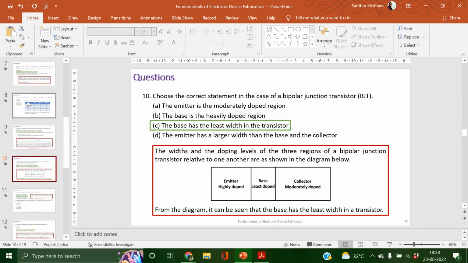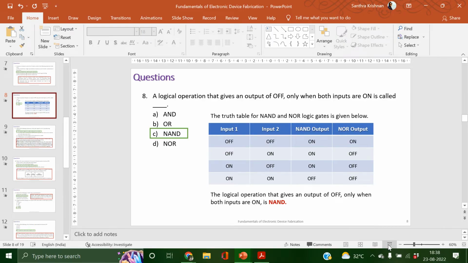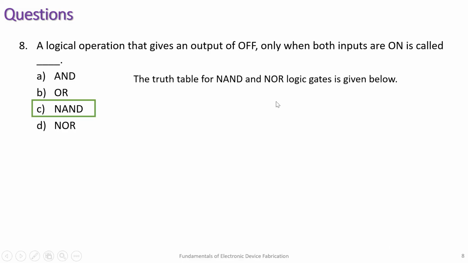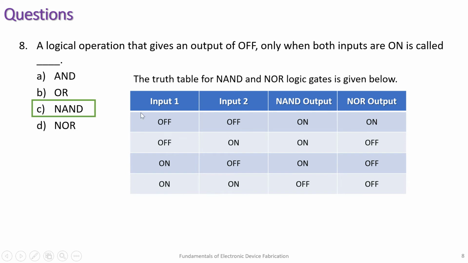I would like to show this particular thing again. Whenever you are given a question for a logic gate, please follow this habit of keeping a table. You write input 1, input 2, and whatever output you want. My question was, we wanted to get off in the output when both the inputs were on or when one of them was on. In the second, third, and fourth rows, we can see that in two cases one of them is on, and in the last case both of them are on.